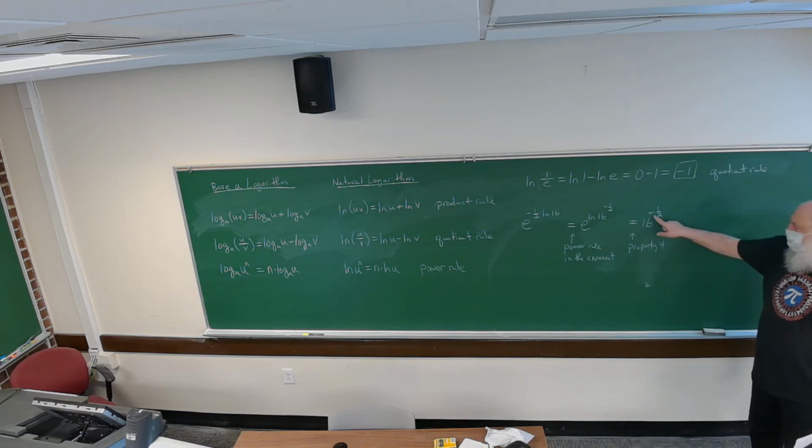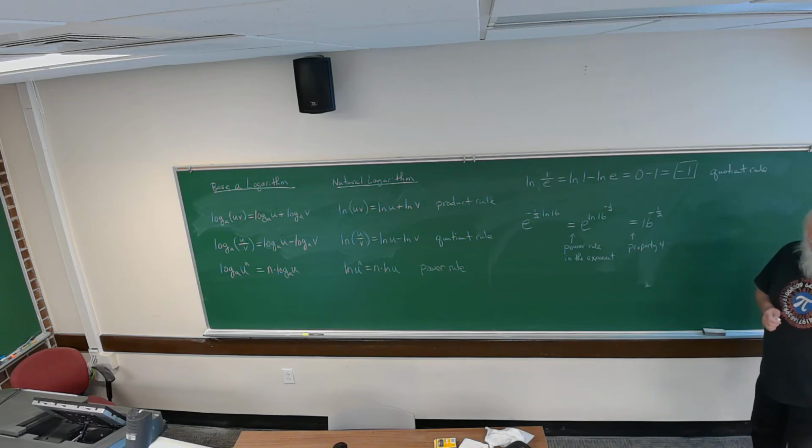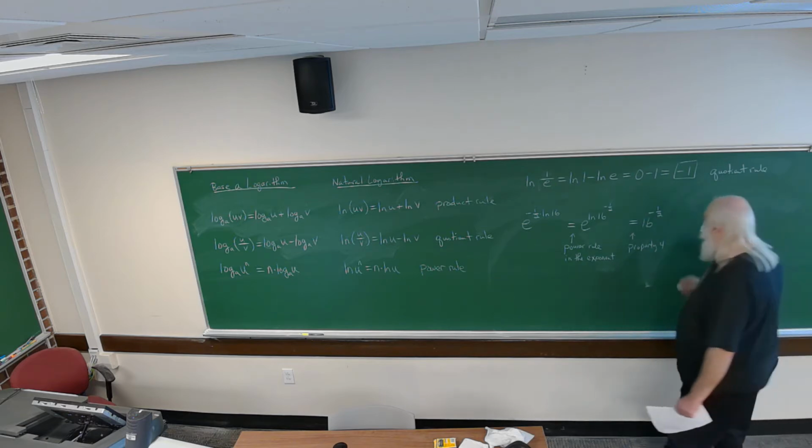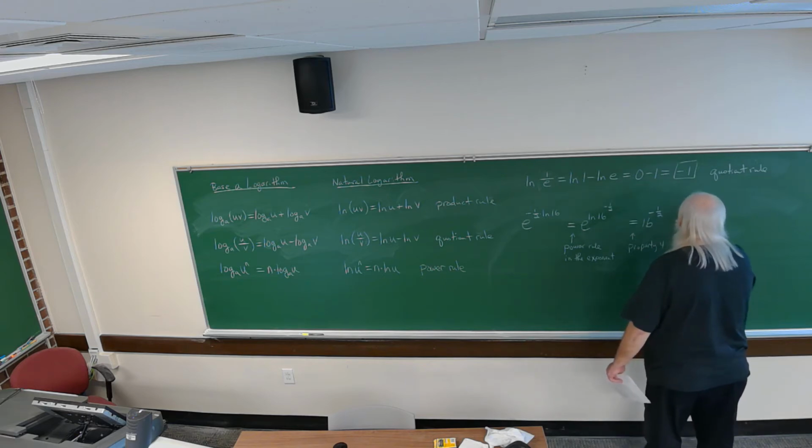What does the minus sign in the exponent mean? Make it a fraction. Make it, what's the word I'm looking for? Give me an R. Reciprocal, right? Remember, a minus sign in the exponent means reciprocal. So this is equal to 1 over 16 to the 1/2 power.